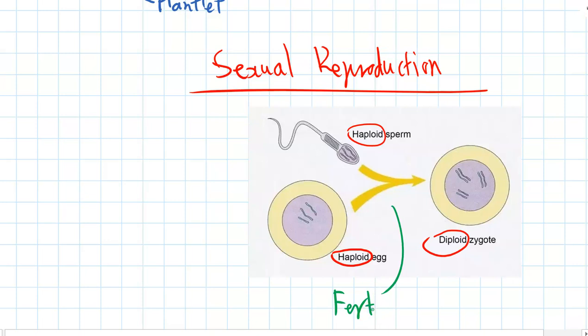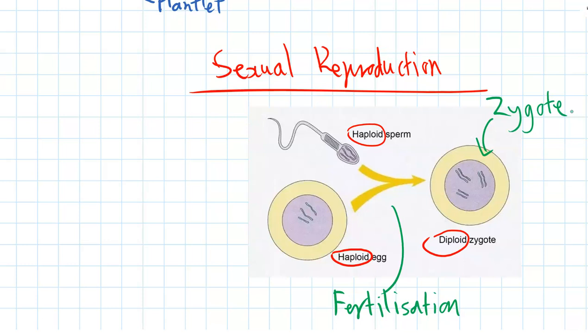And in humans, that happens in the fallopian tubes of the female. So the two cells fuse together and they make what's called a zygote. And then that zygote starts to divide through cell division and it grows into a new baby in humans, or it grows into a new offspring of whatever species it is.